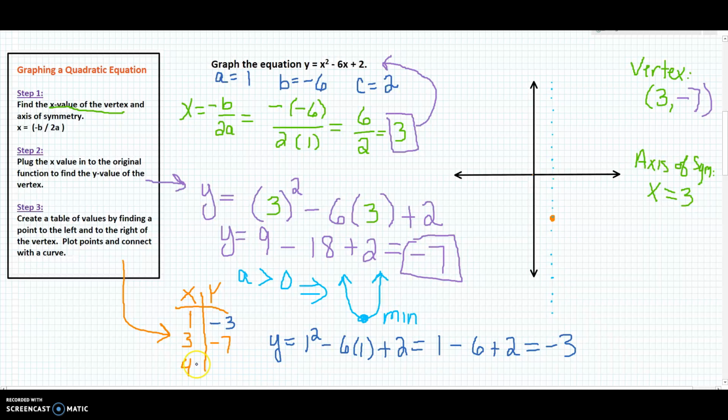And then I'm also going to complete this for the other x value. So y equals 4 squared minus 6 times 4 plus 2. So I get 16 minus 24 plus 2.